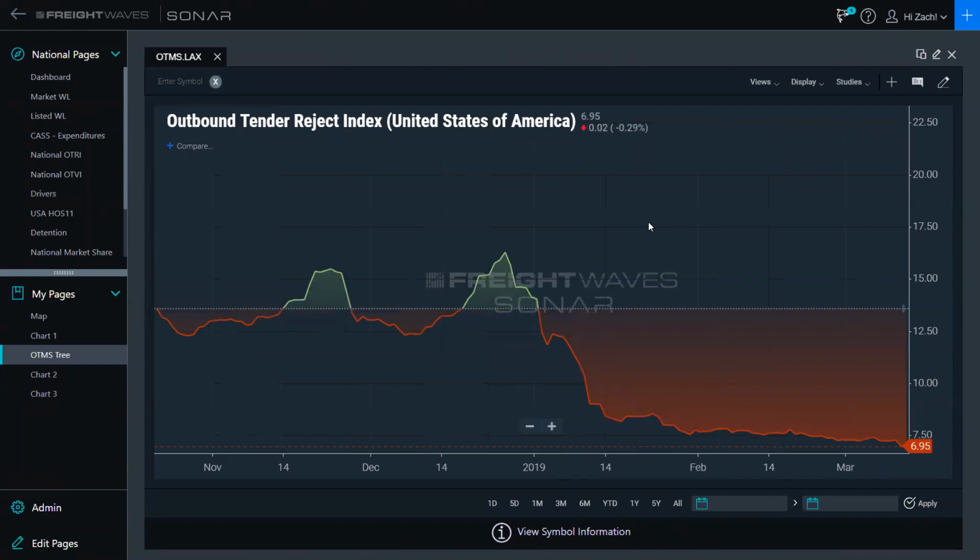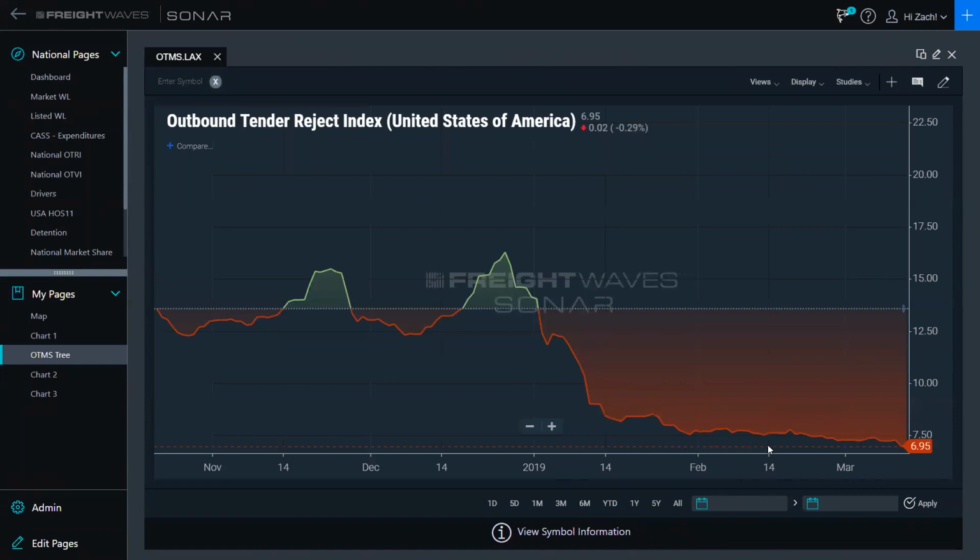The tender rejection index has probably the most near-time relationship with rate pressure in the market. And as these rates fall down and stay flat, they don't even have to really go down. They just have to stay flat to allow the market to be in balance. Rates fall even when the tender rejection index goes flat.